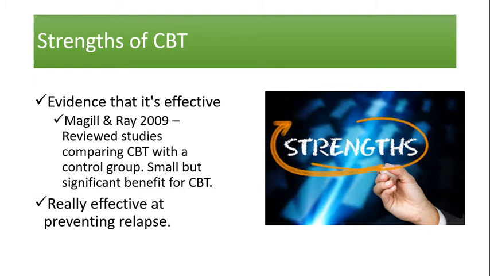Okay, let's look at strengths and weaknesses then. There's lots of evidence that it's effective. So one example that we've got here is the McGill and Ray study, which again you can read about in your textbook, but basically they've done a big review of lots of different studies where there was a group of people getting CBT and a group of people not getting CBT, and they've compared it.